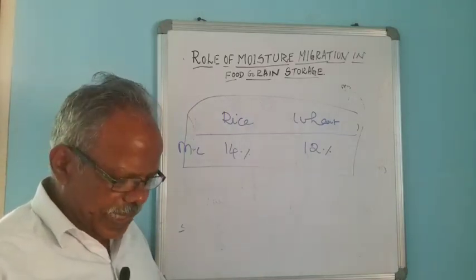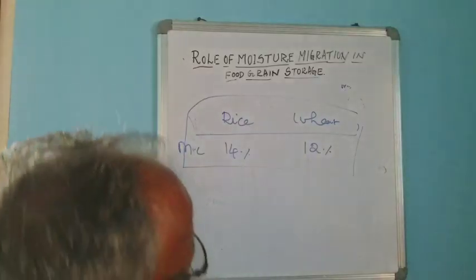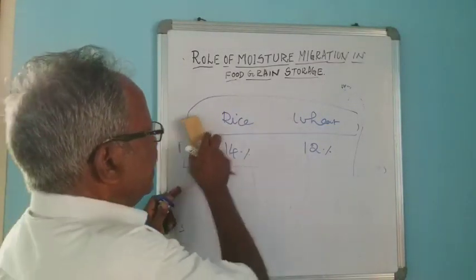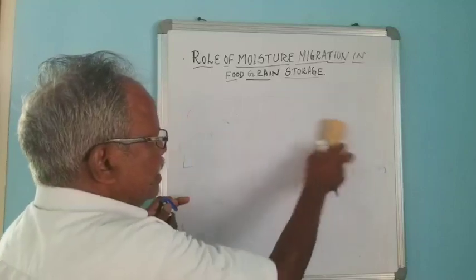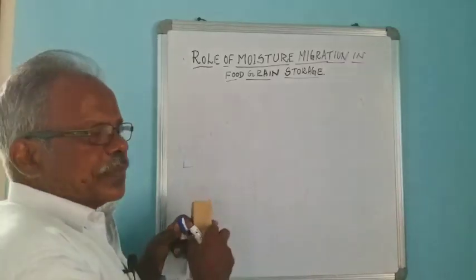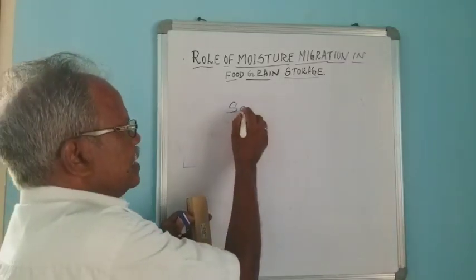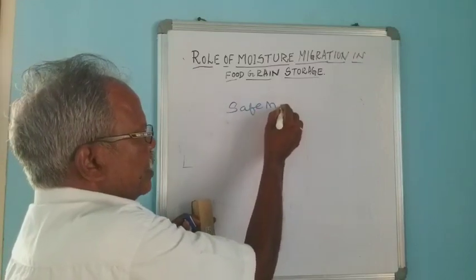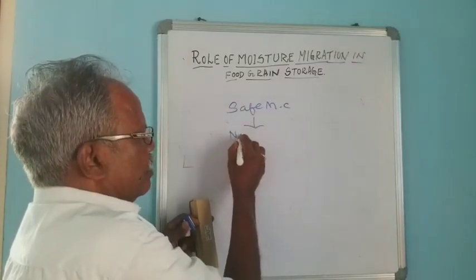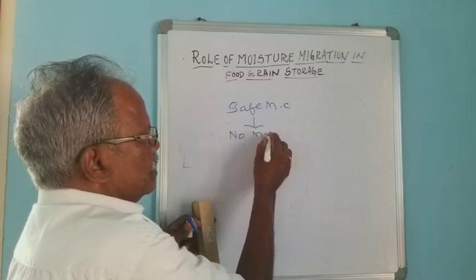So next we will see what happens if the safe moisture is exceeded. If the moisture content is safe, there is no moisture migration.